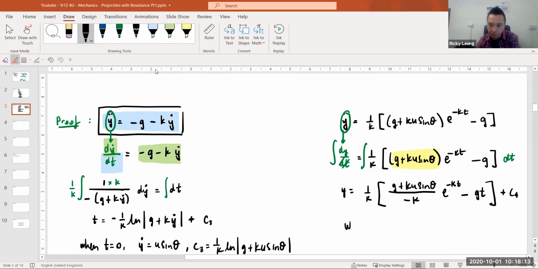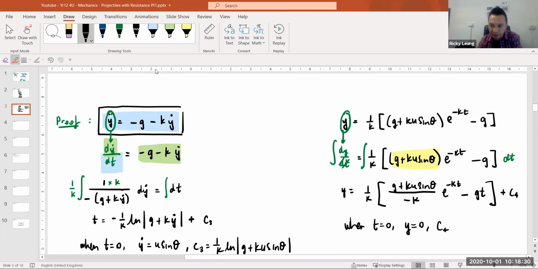So initial conditions: when t equals 0, y equals 0, assuming that it starts on the floor, and then c4 now, you can see that's 0. This is 0, so that becomes 1, that's 0, that's gone. So this fraction is the only thing that stands.